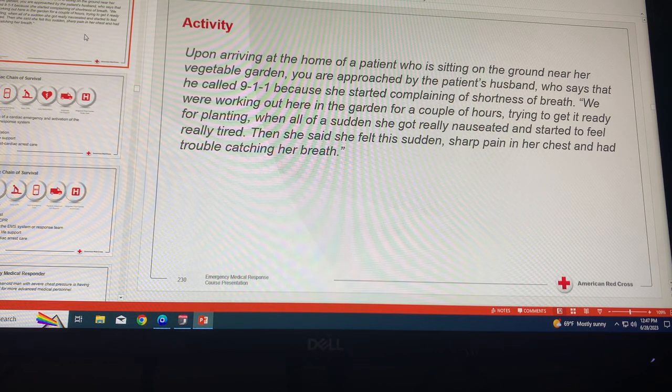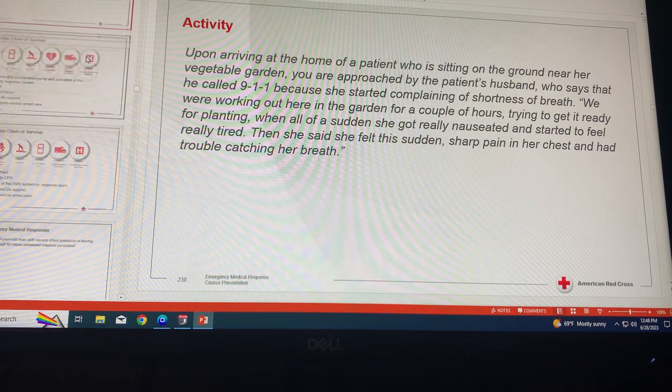"We were working out here in the garden for a couple hours, trying to get it ready for planting, when all of a sudden she got really nauseated and started to feel really tired. Then she said she felt this sudden sharp pain in her chest and had trouble catching her breath." Okay, so just think about what you will do in that situation, and we will discuss this in person.